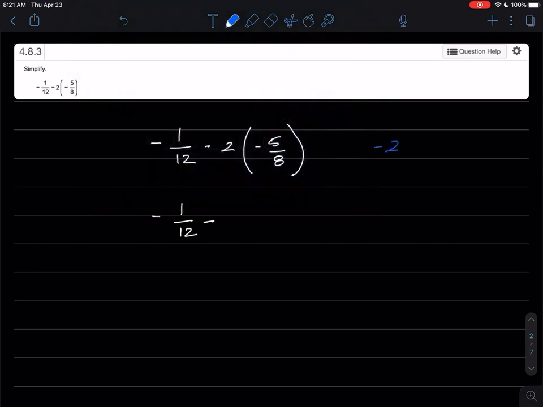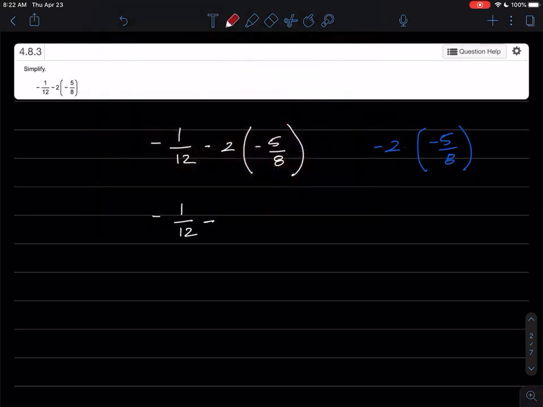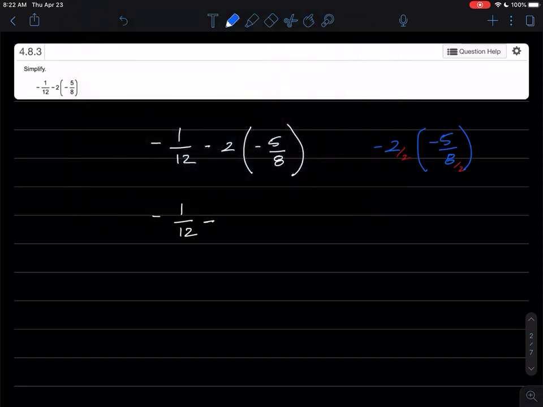So we have -2 times -5/8. Just remember, we can divide this by 2 and this denominator by 2. So we're really just simplifying this fraction, putting it in lowest terms. So in that case, we would get -1 times -5/4.